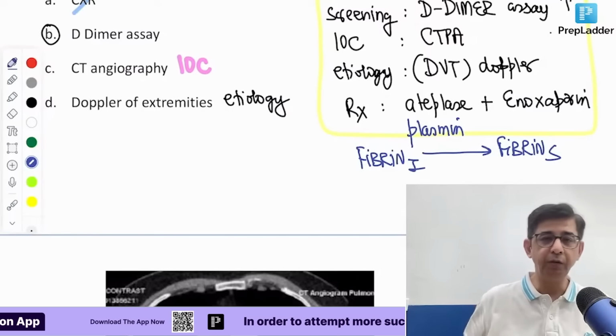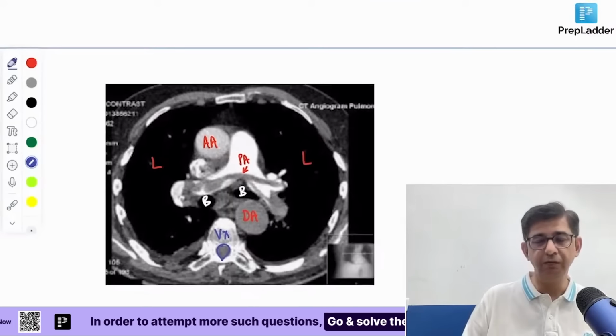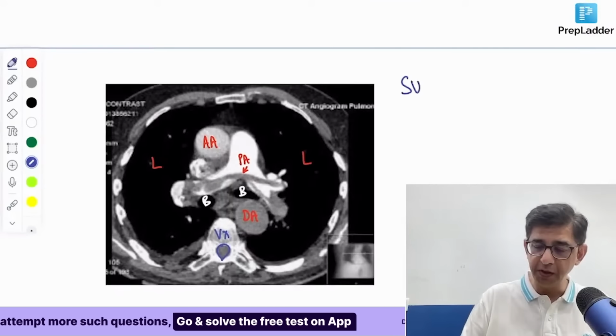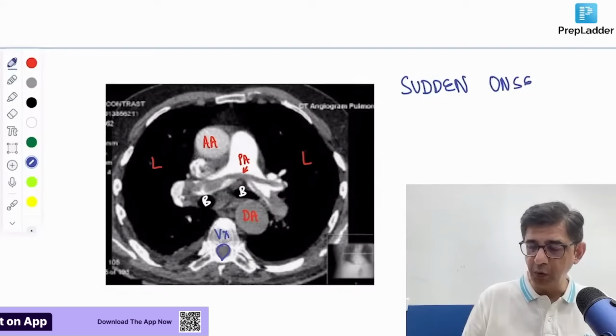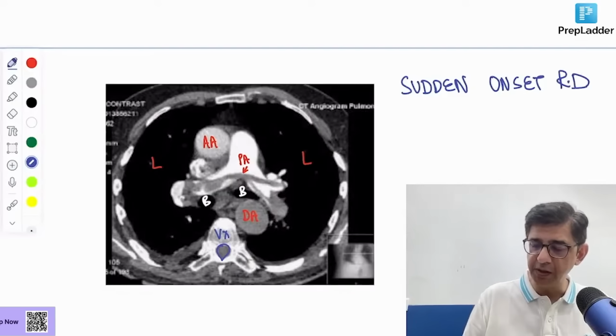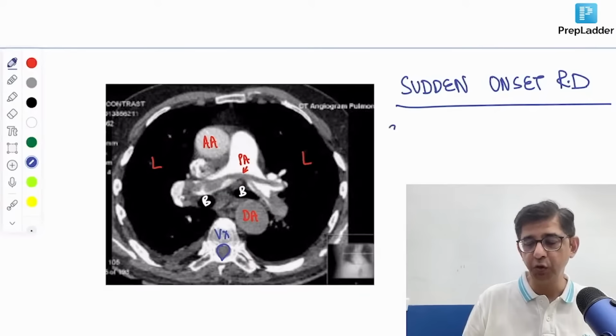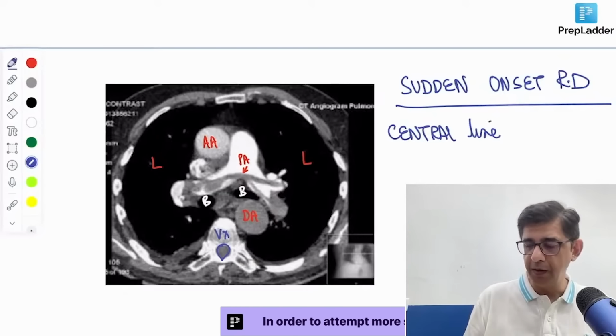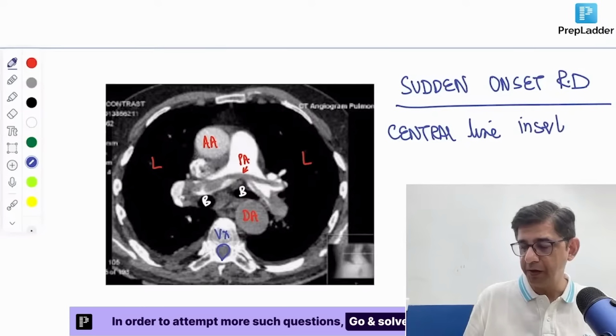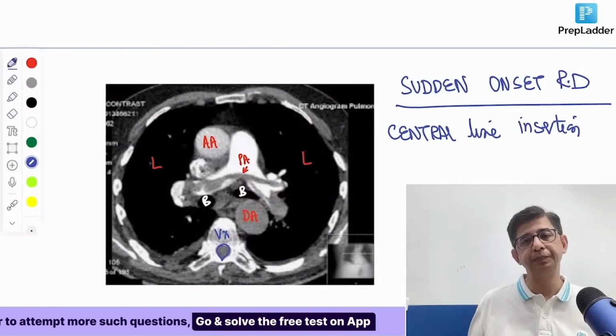But every time you read about sudden onset respiratory distress, one of the causes to be remembered, currently discussed on the board, is pulmonary thromboembolism. Let us do some more MCQs of sudden onset respiratory distress. I'll give you situations. First, you have done a central line insertion, and the MCQ says the patient is having breathing difficulty with drop in saturation.